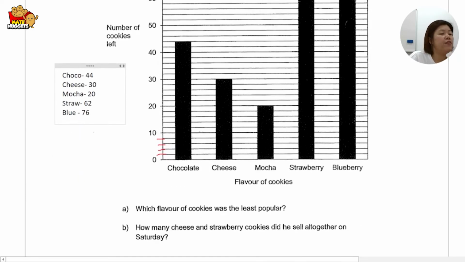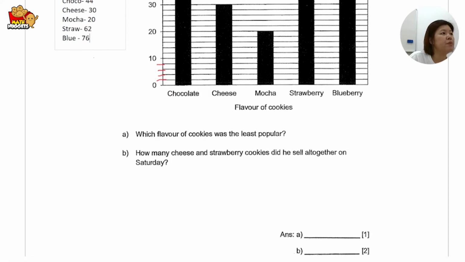Okay, so which flavor was the least? Since this is the number of cookies left, blueberry left the most number, so means my blueberry is the least popular.